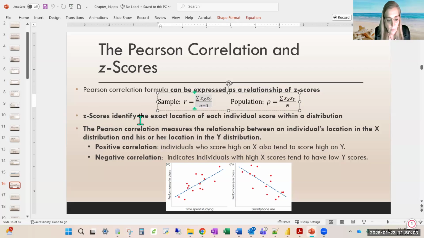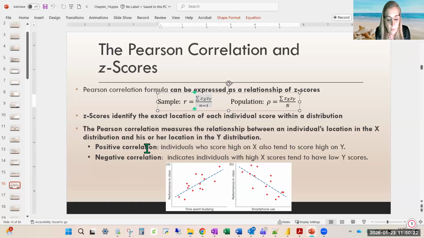All right, so z-scores identify the exact location of each individual score within a distribution, if you recall. The Pearson correlation measures the relationship between an individual's location in the X distribution and his or her location in the Y distribution.